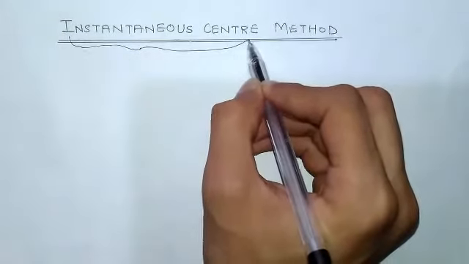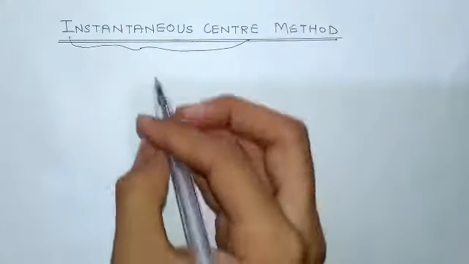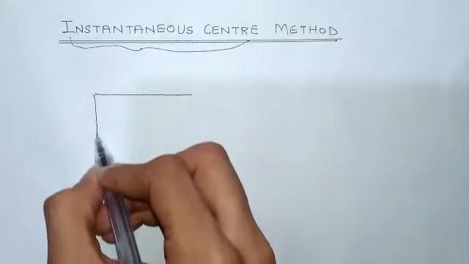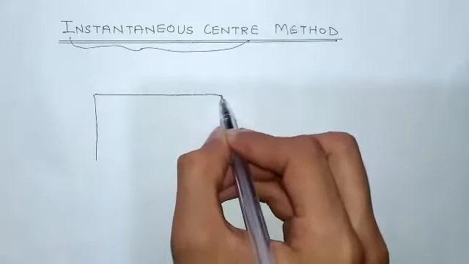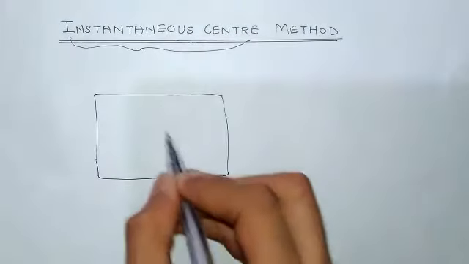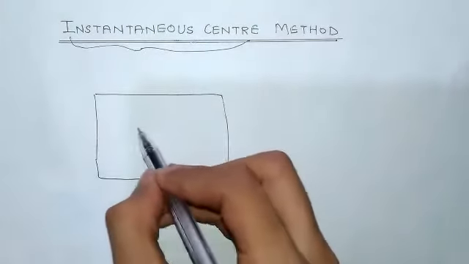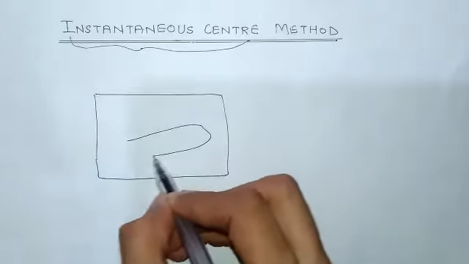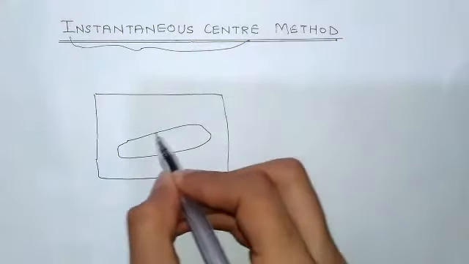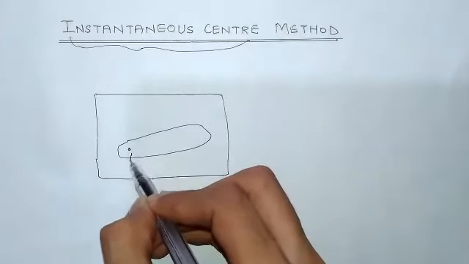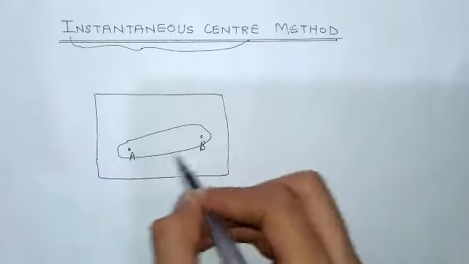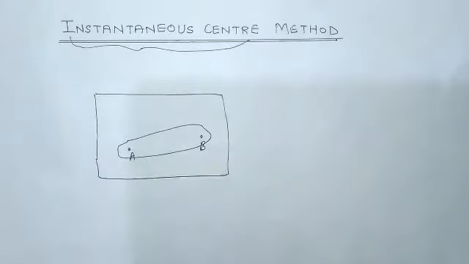So first of all, let us understand the meaning of instantaneous center. What is that actually? To understand this, consider a plane surface, and on that plane surface, any arbitrarily shaped body is placed. On this body, consider any 2 points, let us say point A and point B. This body is freely placed on the plane surface.